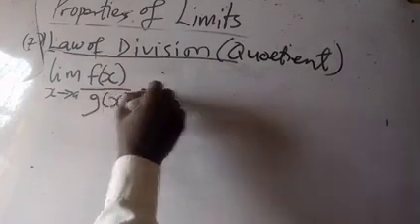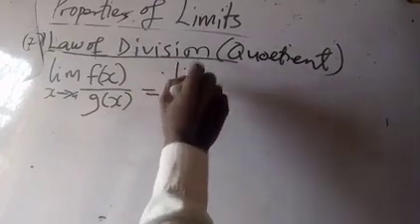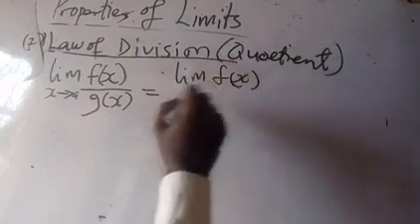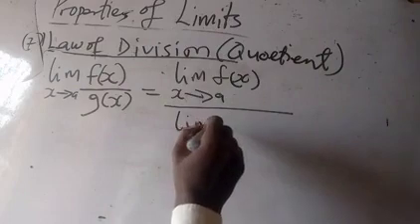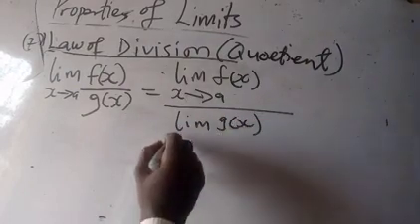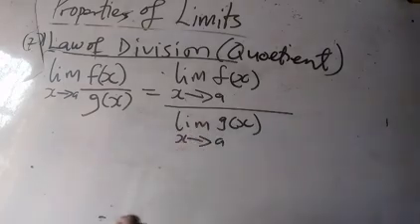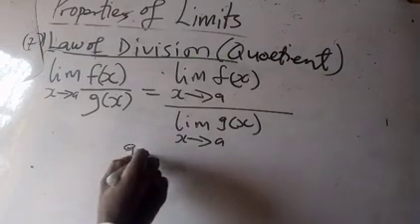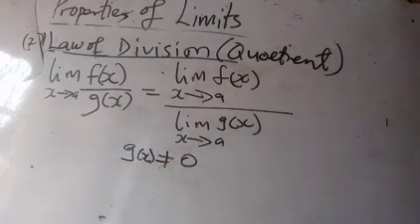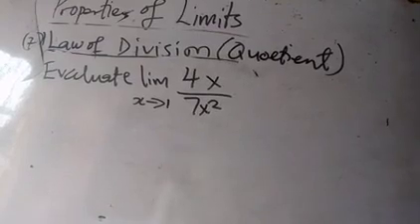So it is equal to limit of f of x as x gets to a divided by limit of g of x as x gets to a, where g of x is not equal to 0.